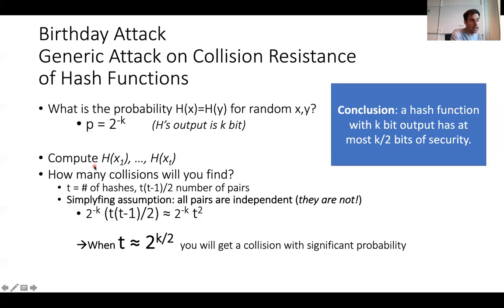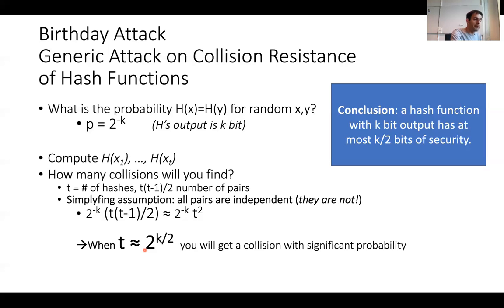If I hash t random values, I'm going to have approximately t squared pairs, more precisely t times (t minus 1) divided by 2. So the number of collisions I expect to find is 2 to the minus k times t squared: the probability of a collision times the number of pairs. When t approaches 2 to the k over 2, so the square root of 2 to the k, then I'm going to find a collision with significant probability.